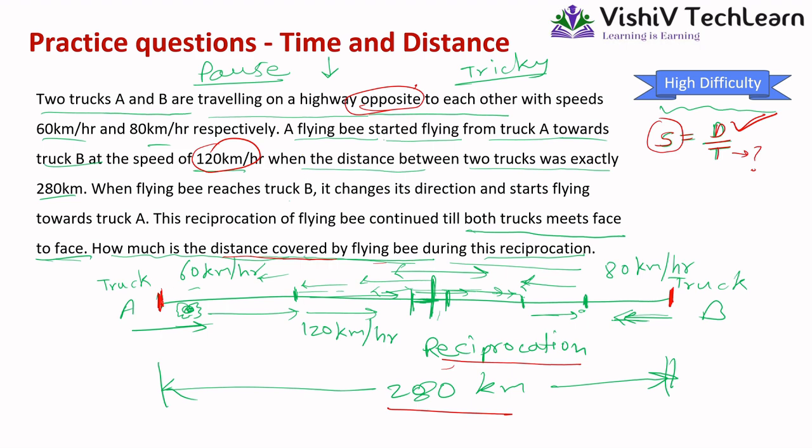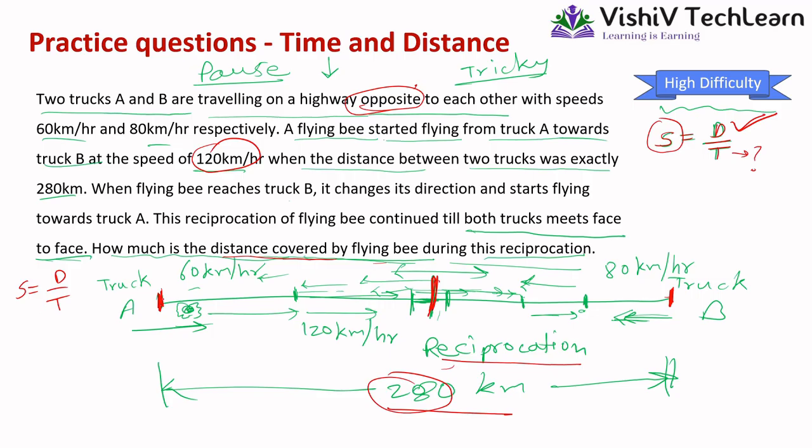Both are running in the opposite direction. Now from this position, 280 kilometers apart, till they meet each other face to face, this time we have to calculate. Correct? And that can be calculated from the same formula, speed is equal to distance upon time.